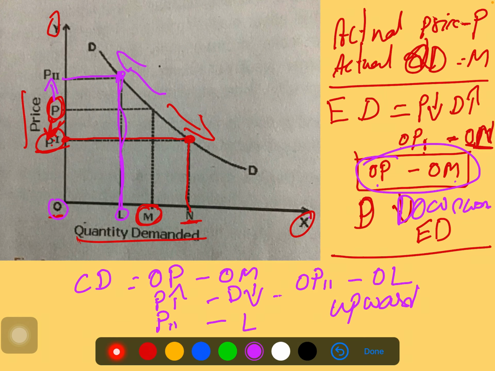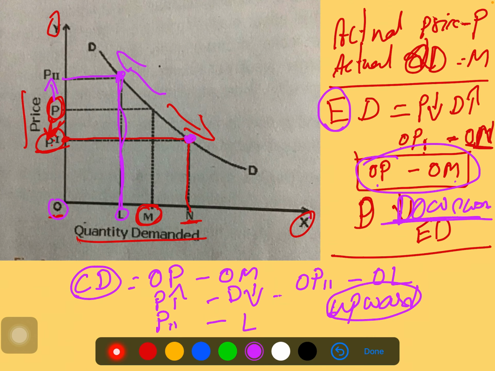So always remember: in expansion, the movement on the demand curve will be downward. In contraction, demand is decreasing, and we get that in the upward movement. This is what you have to understand about expansion and contraction of demand.